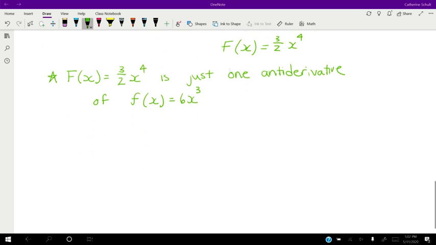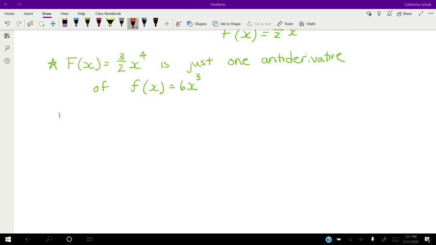Okay, for instance, I'll just say f2 of x, I'll make some silly notation, of 3/2 x to the fourth plus 5 is also an antiderivative, because go ahead and take the derivative of that.